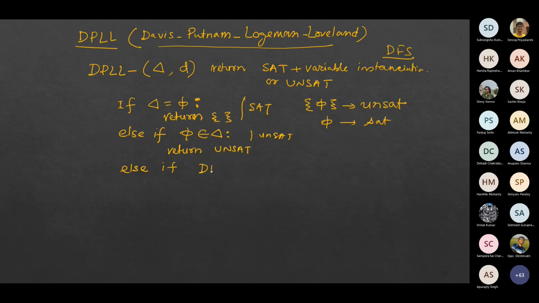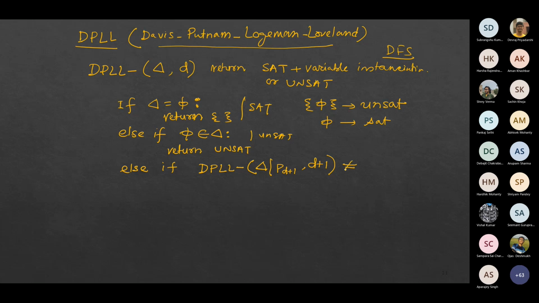So in the first phase, if we look at the left branch, what we'll be doing is conditioning our knowledge base, the existing knowledge base, with the positive choice of the variable P in the next depth, and we'll say that we are doing it for depth D plus 1.